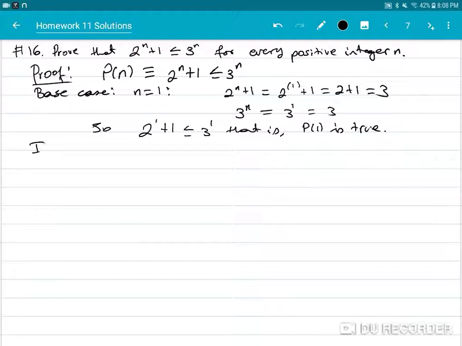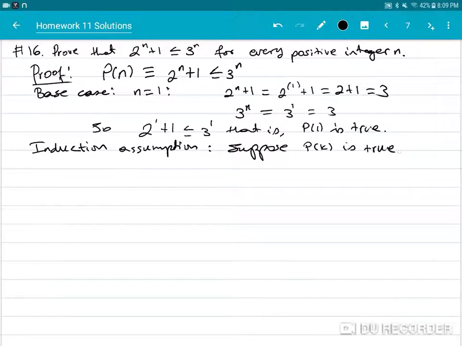Now let's do the induction assumption. Suppose that P(k) is true. So suppose P(k) is a given. This means that we're going to assume 2 to the power of k plus 1 is less than or equal to 3 to the power of k.